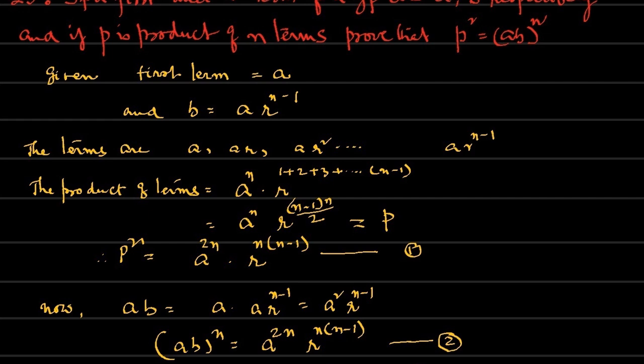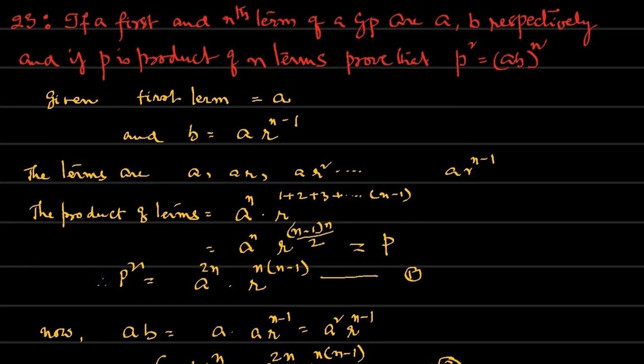Problem number 23. If the first and nth term of a GP are a and b respectively, and if P is the product of n terms, prove that P square equal to ab whole power n.